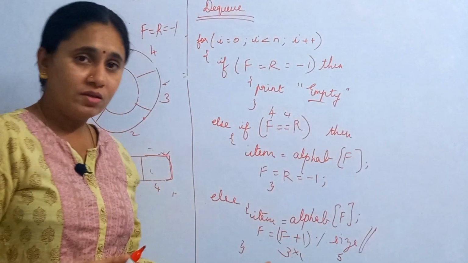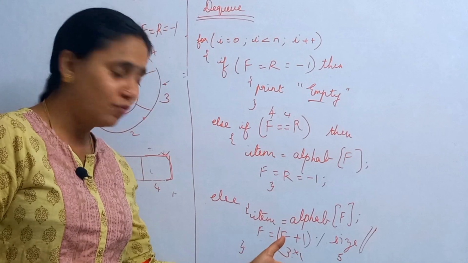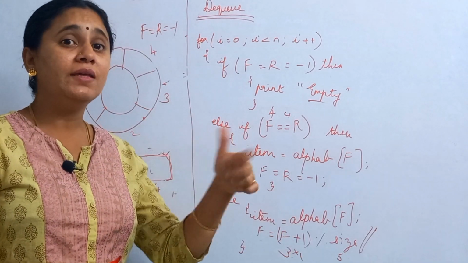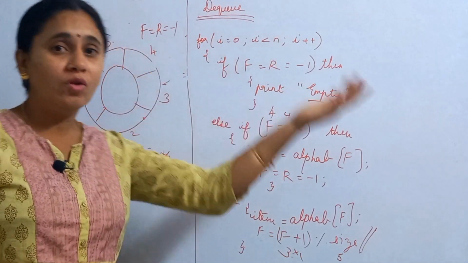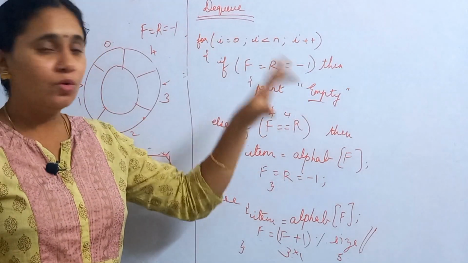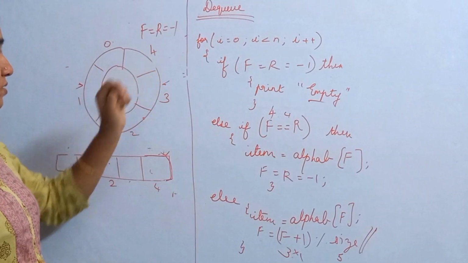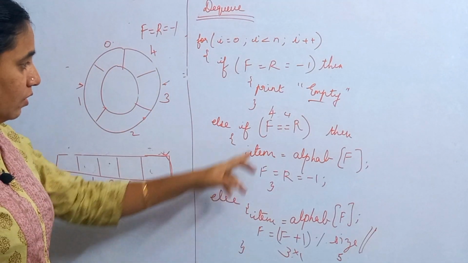So in this algorithm, this is a special case. Okay, we cannot use the formula here because we are making the pointers go out of the data structure, that is, go back to this condition. So we cannot use this because what will happen? Front value is initially 4, isn't it?